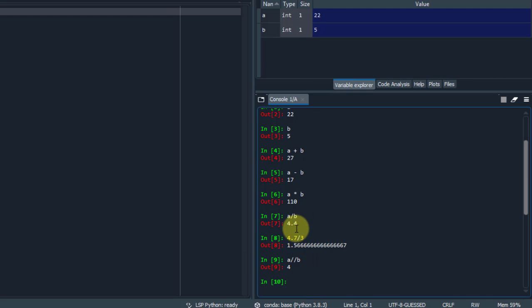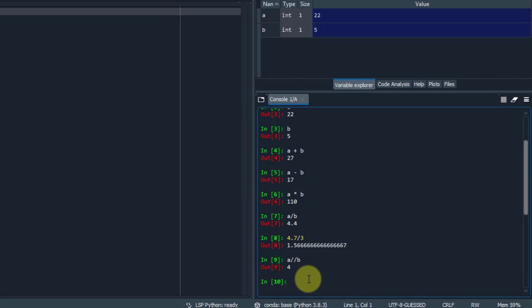It's just going to get this first value here, which is 4, and ignore everything after the decimal part. So floor division is getting the nearest lowest integer to this value, which is 4.